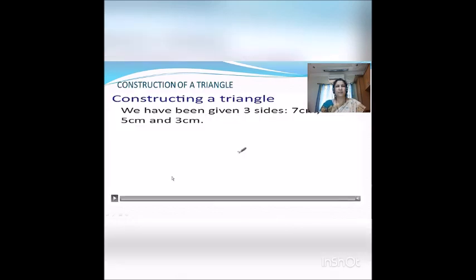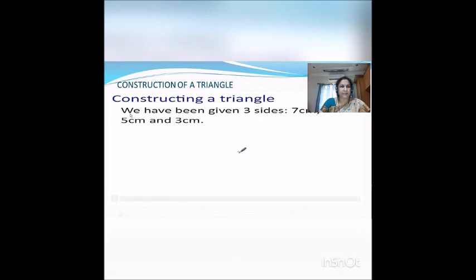Now our second construction, that is a primary construction for the circumcircle, is the construction of a triangle. We have taken one example, a triangle with given three sides: 7 centimeters, 5 centimeters and 3 centimeters.